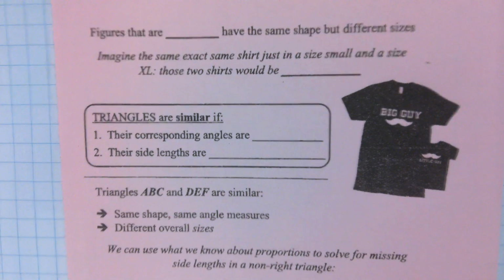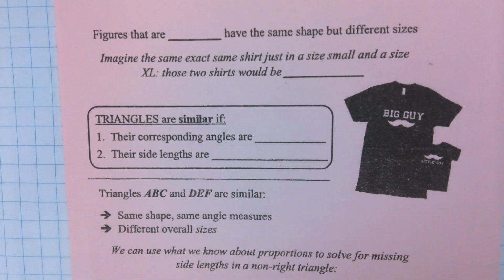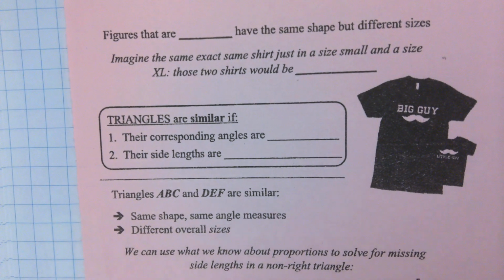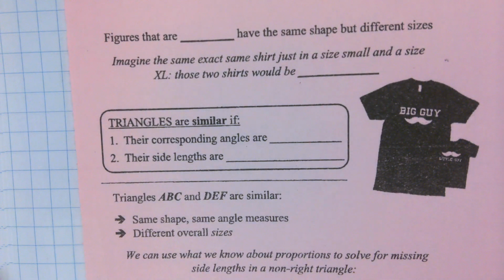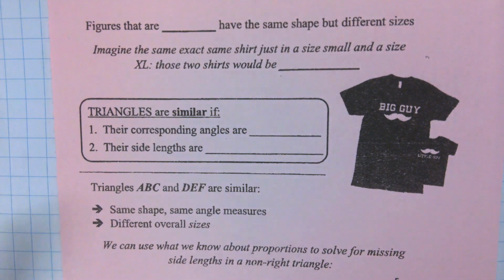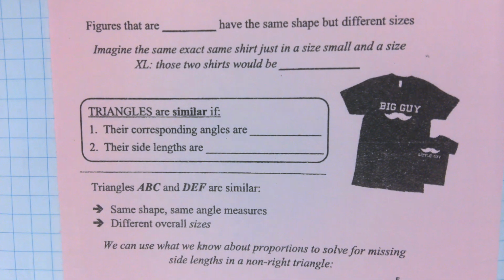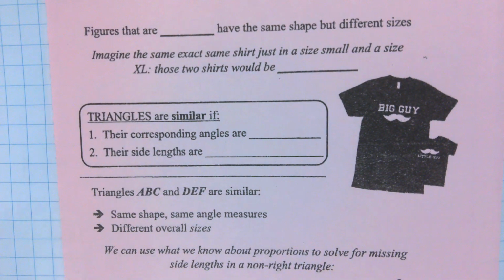So you can think of identical twins as being congruent, same size, same shape, everything about them is the same. But maybe you and your older sibling, you could say you guys look similar, right? You probably don't look exactly like your older sibling. Maybe you guys have the same eyes, the same nose, the same hair, but there's certain aspects that are different, right? So similar is just a toned down version of congruent.